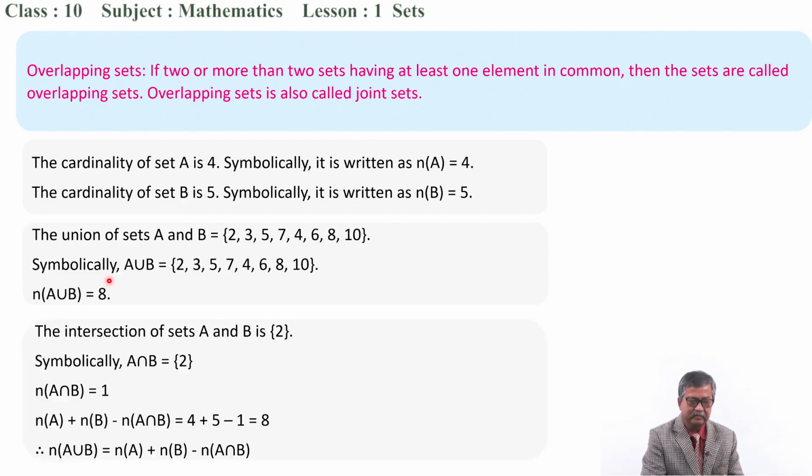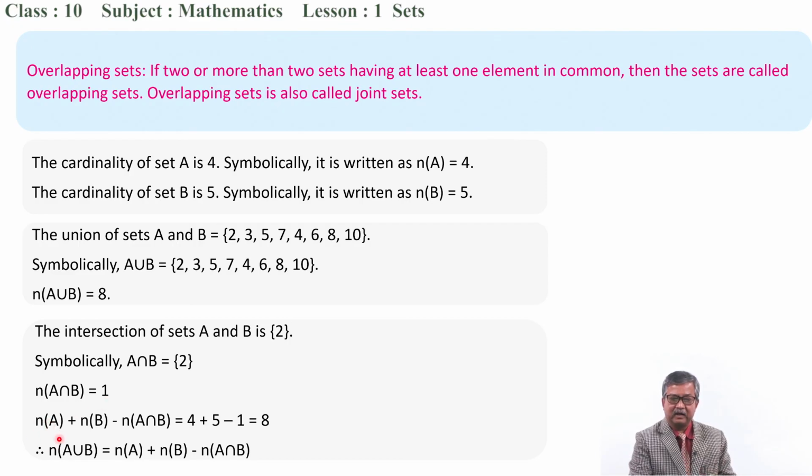Okay. Now the intersection of sets A and B we already discussed. One element is common. That's why the intersection of set A and B is {2}. Symbolically you can write A intersection B is equal to {2}. How many elements here? One element, isn't it? So the cardinality of A intersection B is 1.